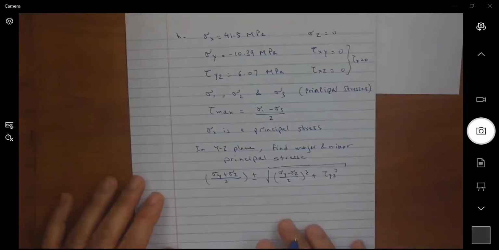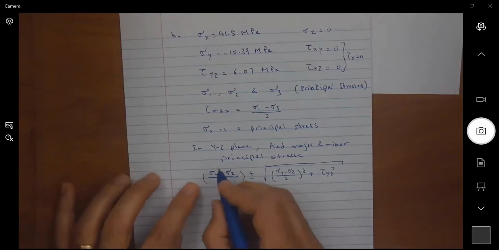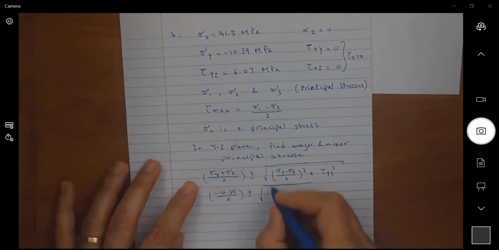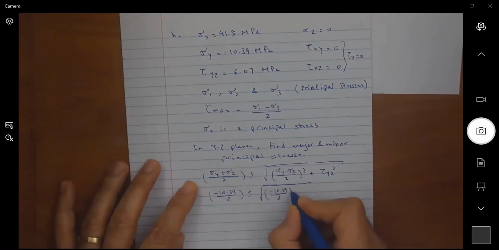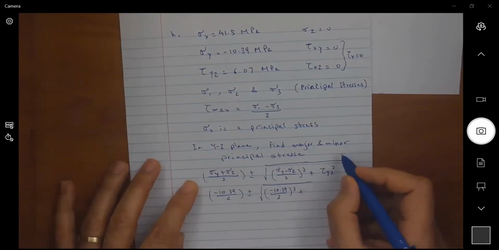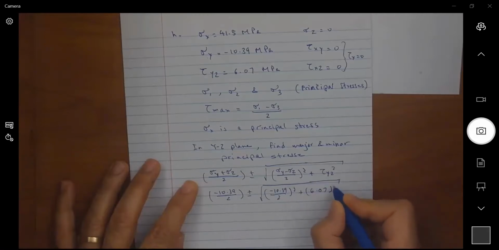When I plug my numbers into this equation, I get sigma y plus sigma z, where sigma z is 0. So sigma y is minus 10.39 over 2 plus or minus the square root of minus 10.39 over 2 squared plus tau yz squared, and for tau yz, I have 6.07 squared.